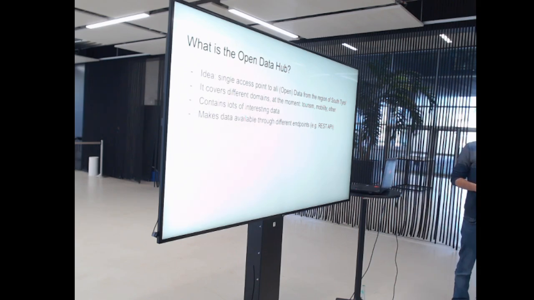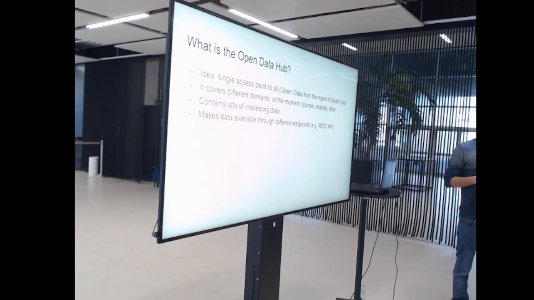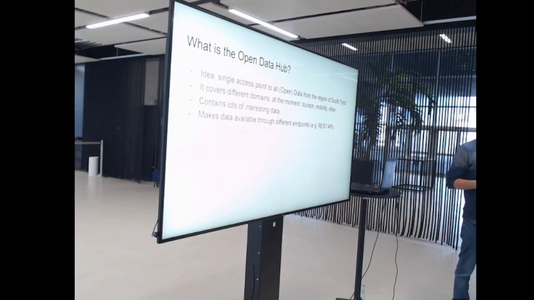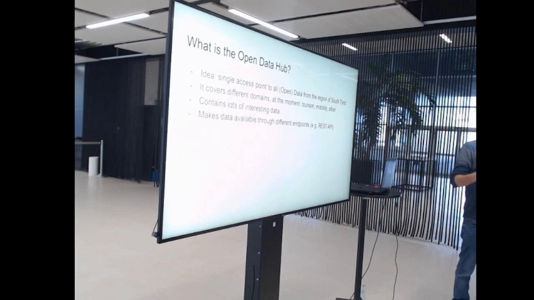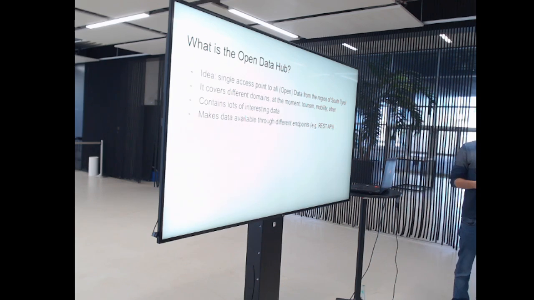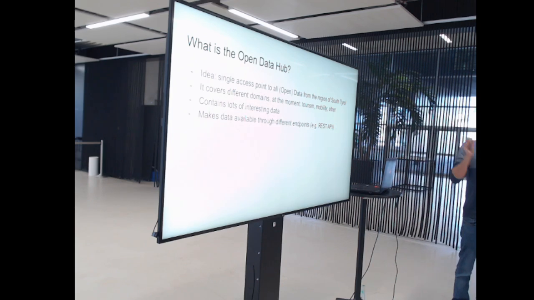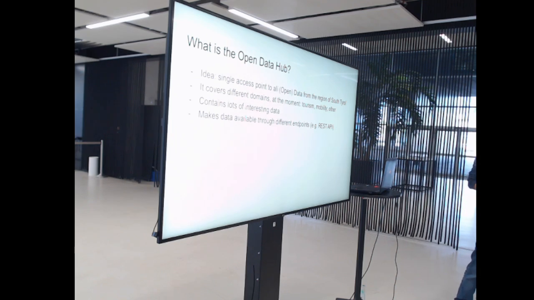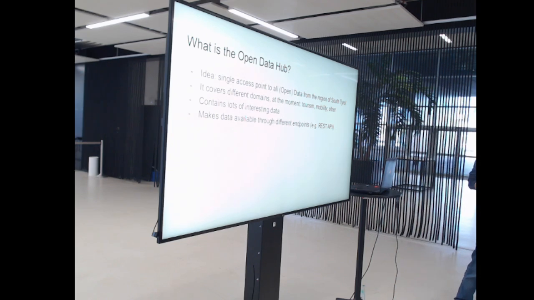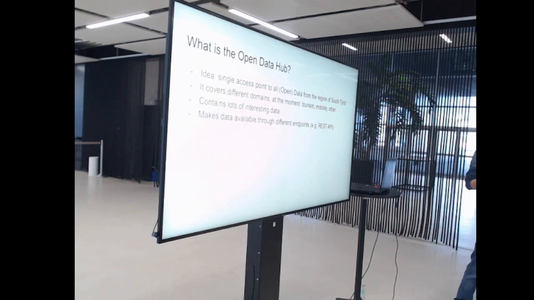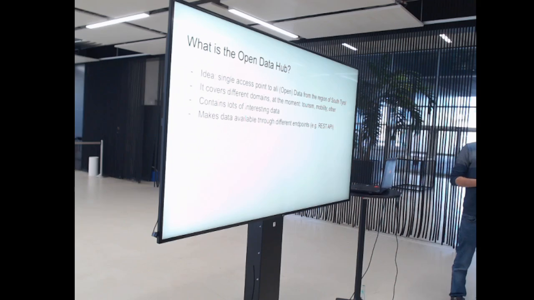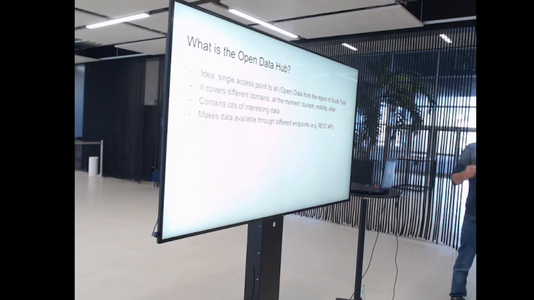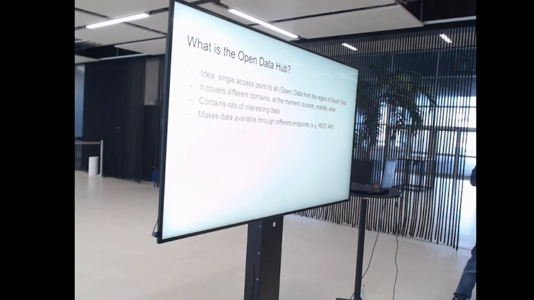Then the Open Data Hub covers different domains. So what does that mean? There are main topics for the datasets, as we call them, and we partition them into the domains. So there's a tourism domain, for example, that contains data about accommodation, about points of interest, about articles, about events, stuff like that.